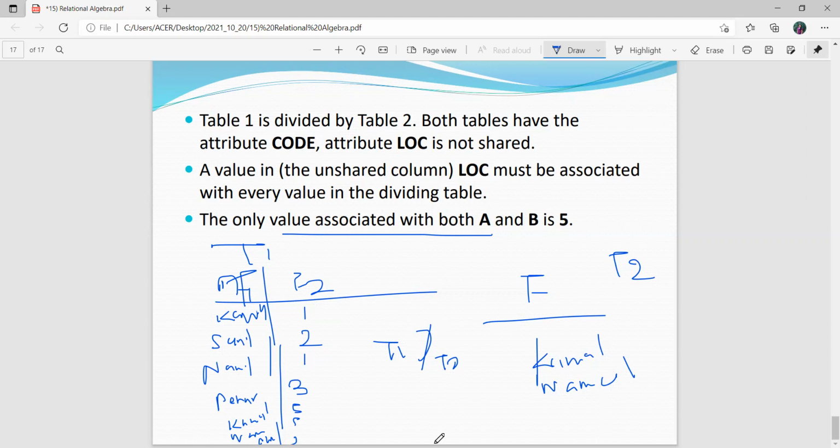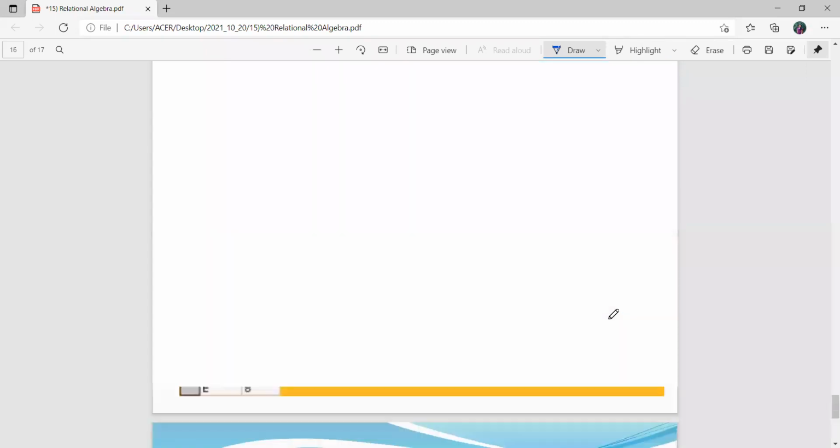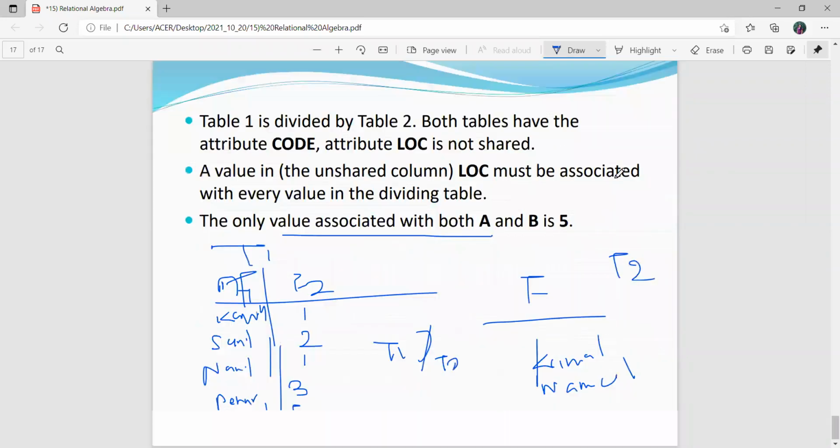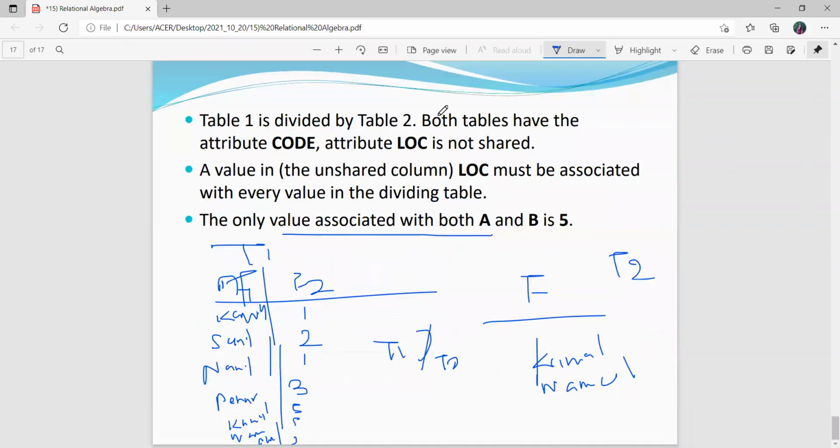So what is the output of T1 divided by T2? What is the output? Is it clear? Hashini, what is the output?